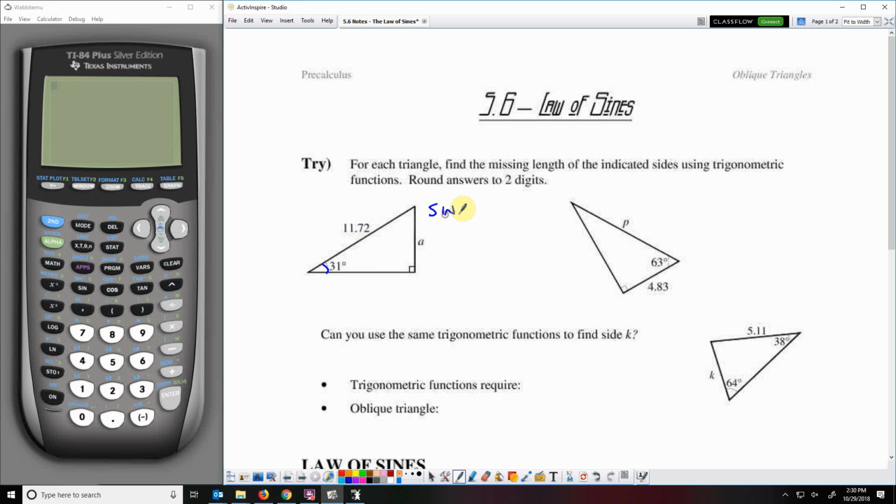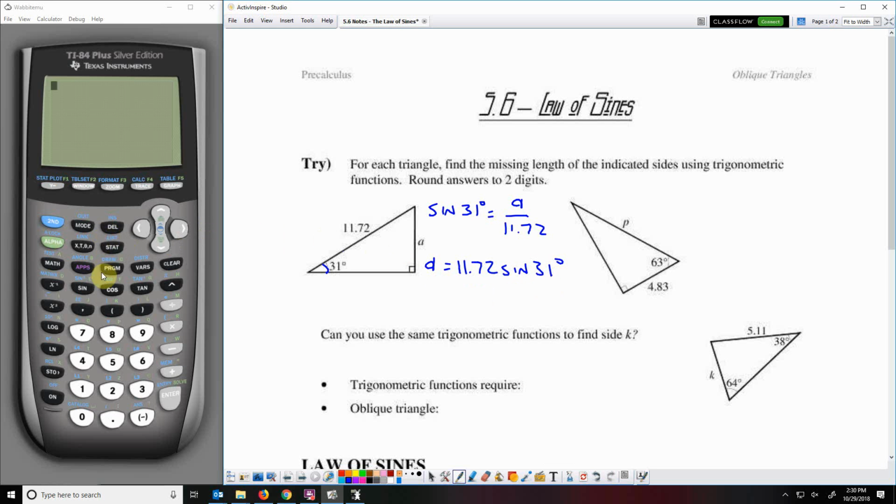So it's sine 31 degrees equals the opposite over the hypotenuse. Okay, when we have the variable in the numerator, we're just going to take this number and multiply it across. So A equals 11.72 times sine 31 degrees.